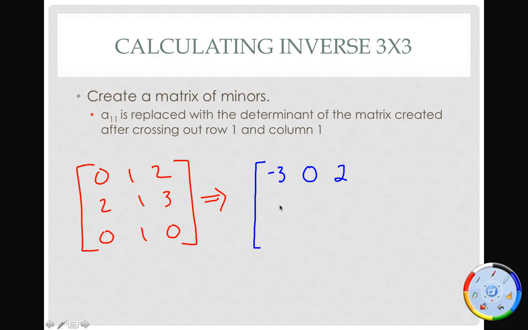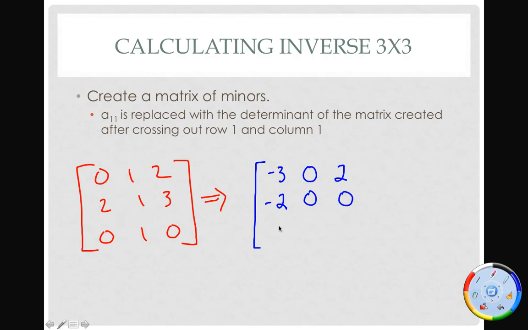Let's go to row 2. Cross, cross. 1 times 0 minus 2 times 1, so -2. Middle: cross out middle, middle. I get 0 times 0 minus 2 times 0, so it's 0. That's nice. This row, this column, 0 minus 0, that's 0 too.